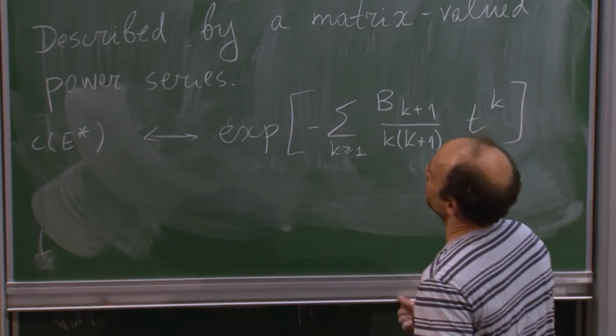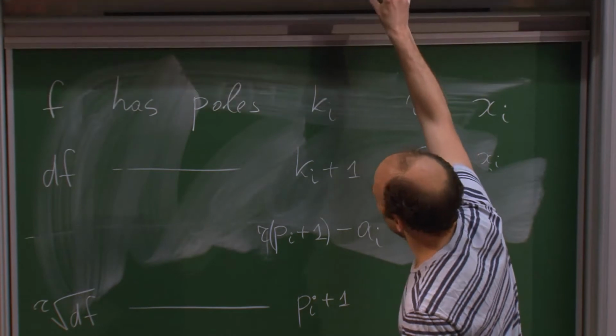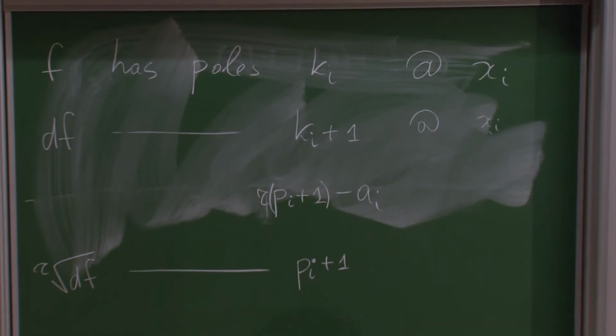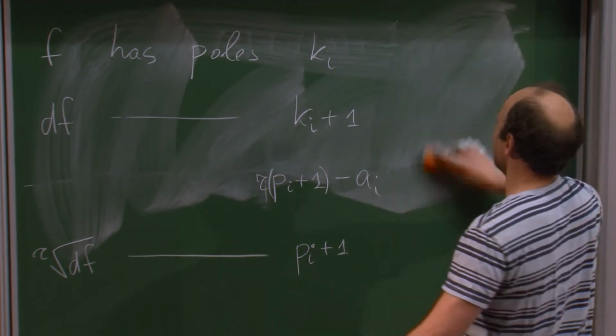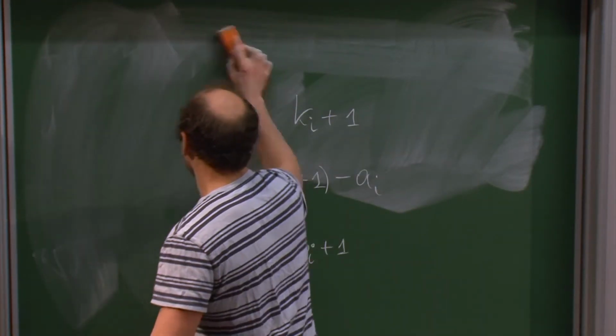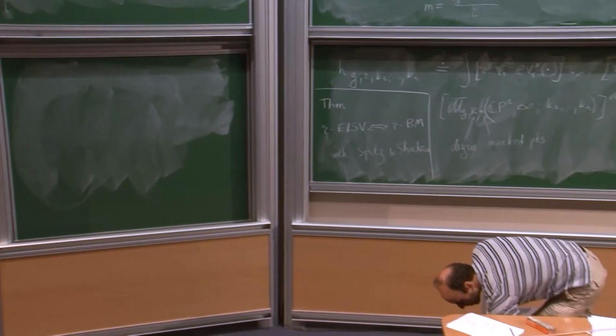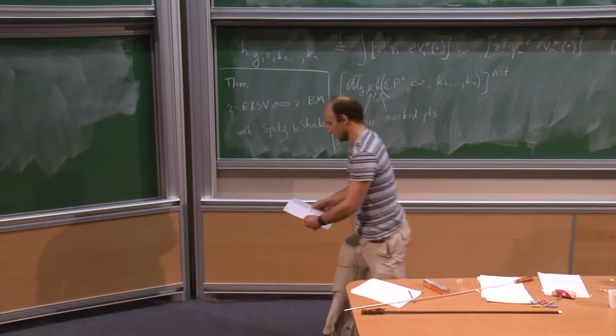So I'm not going to describe completely the classification of cohomological field theories. It would take too long. But I will show you how, in this particular case, what this power series tells us about the Chern class of the Hodge bundle.